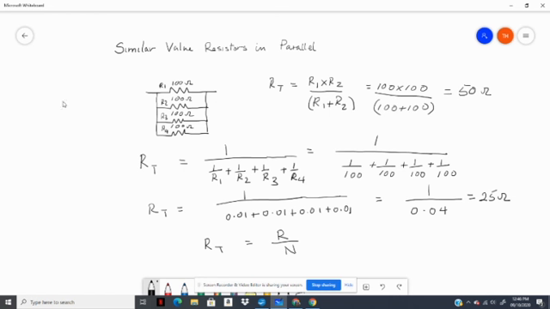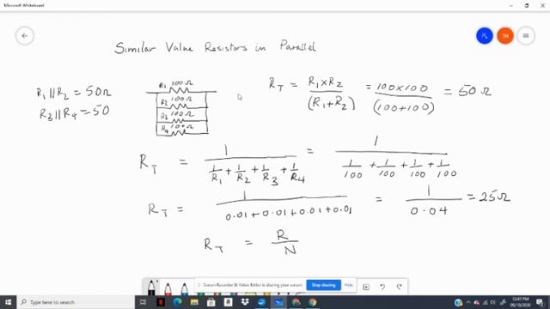Right? And then we put the two 50 ohm resistors in parallel. So let's write it over here. R1 in parallel with R2 is equal to 50 ohms. And R3 in parallel with R4 is also equal to 50 ohms.